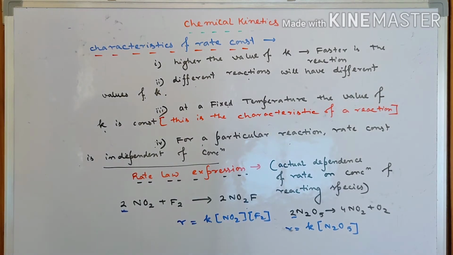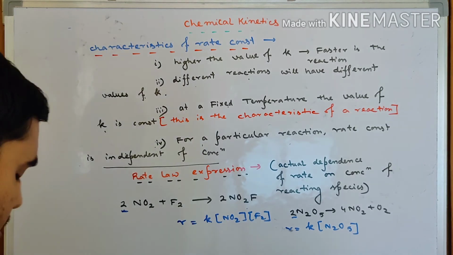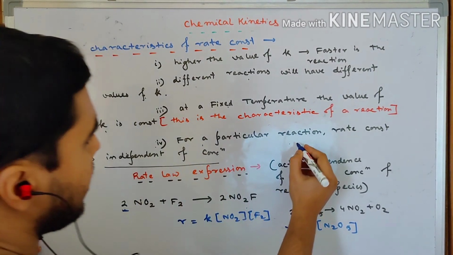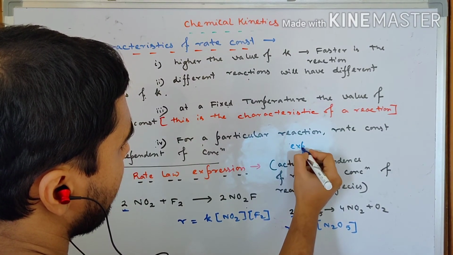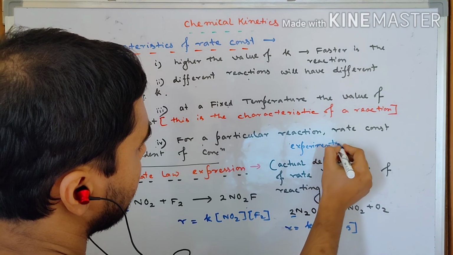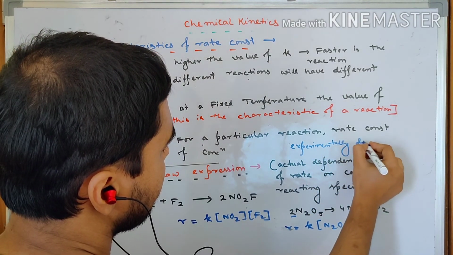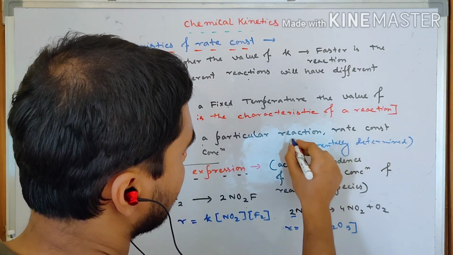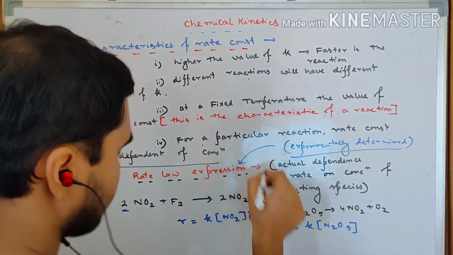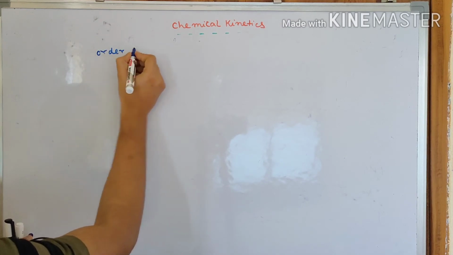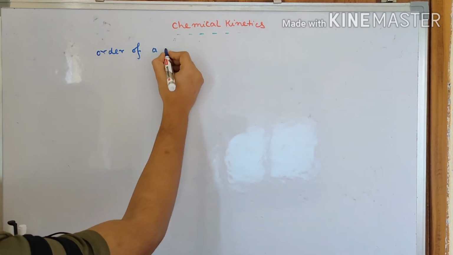So, as I have told, it should be experimentally determined. The key essence of this particular thing is that it is experimentally determined. Next is order of a reaction.